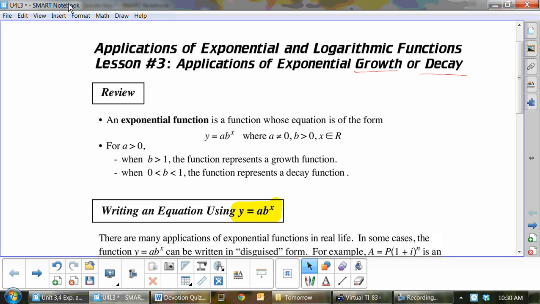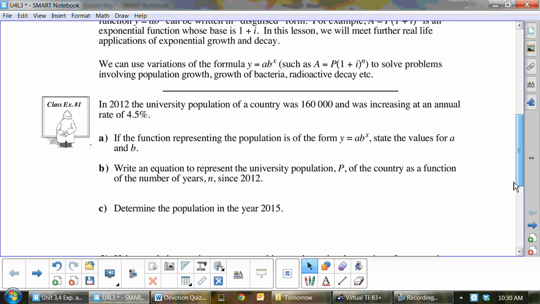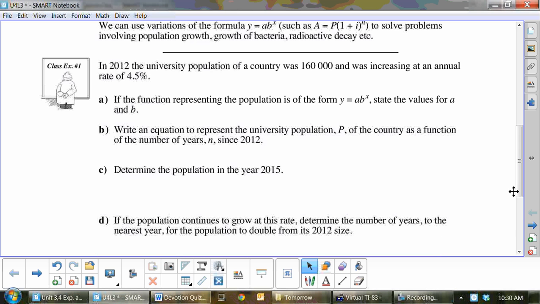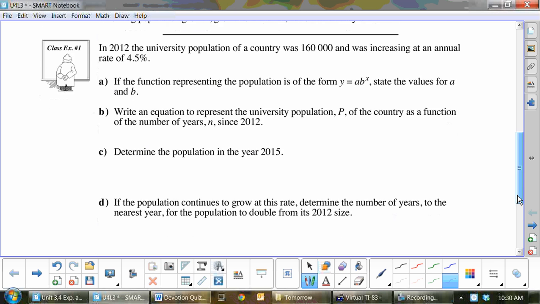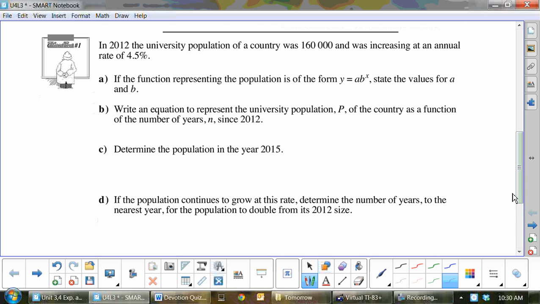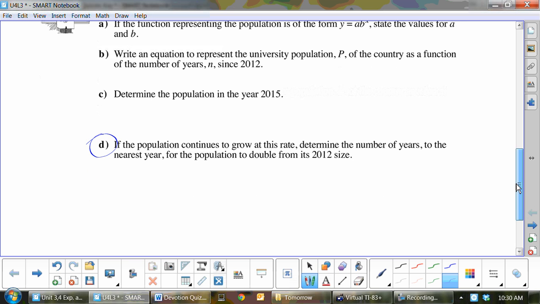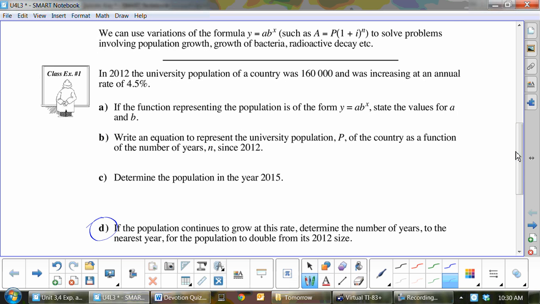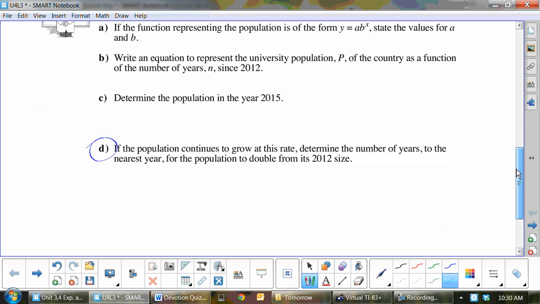Okay? So, a b to the x, and because you are in the exponents unit, let's do one where we have to find the exponent. Now this is where we have 2012, the university population of a country is 160,000 and was increasing at an annual rate of 4.5%.